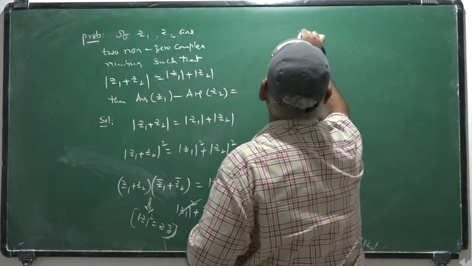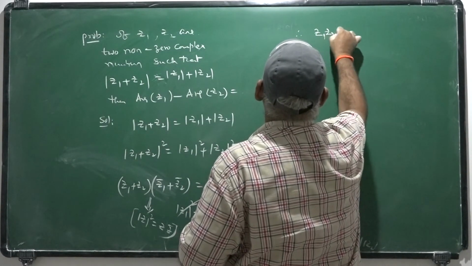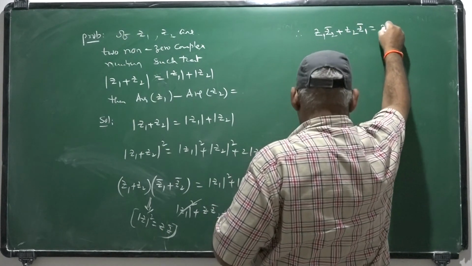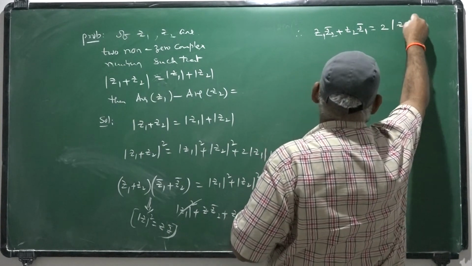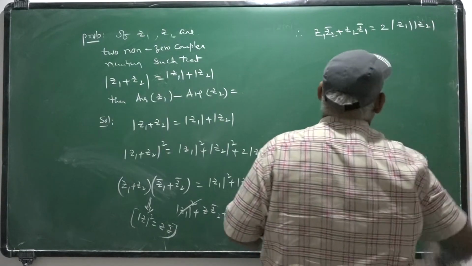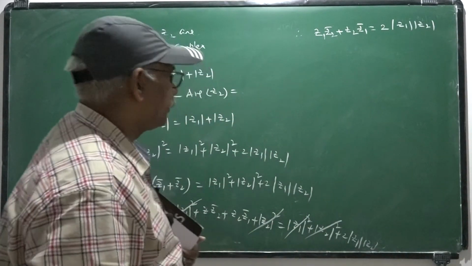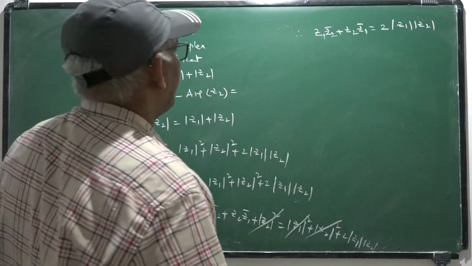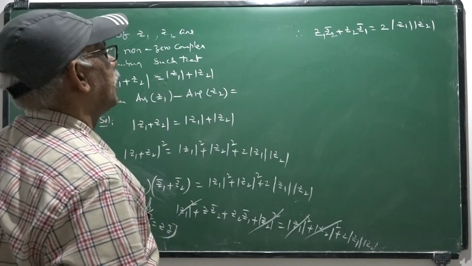So therefore z1 z2 bar plus z2 z1 bar is 2 into mod z1 mod z2. This is the given condition.